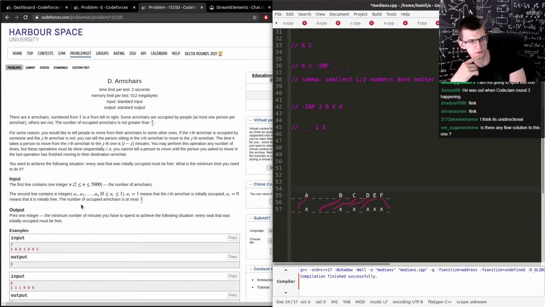Is there any flow solution to this one? Yes. Minimum cost matching can be done with a flow or the Hungarian algorithm, but it's slower than quadratic. But here, because of no intersections, then always after, what do I want to say?